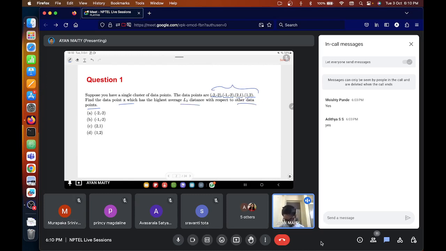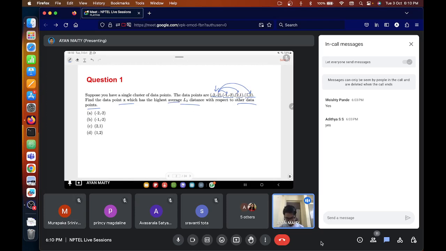Basically, you have to take every point. For example, you first take the first point (-2, -2), find out the distance of this point from all 3 other points and add them up, or take the average of that.